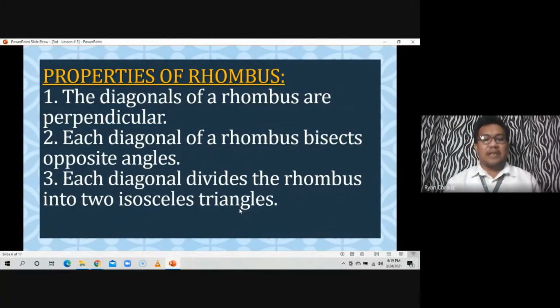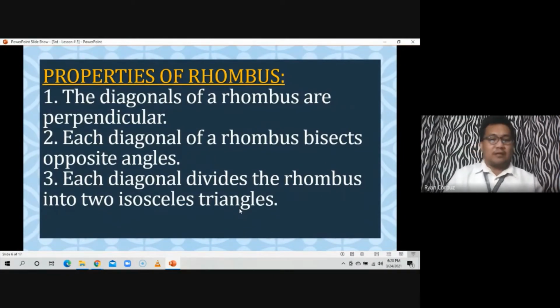Then third, each diagonal divides the rhombus into two isosceles triangles. So, yung bawat diagonal daw ng rhombus, dinivide niya yung rhombus into two isosceles triangles. Ano kasi yung isosceles triangles? These are triangles where two sides are congruent in measure.